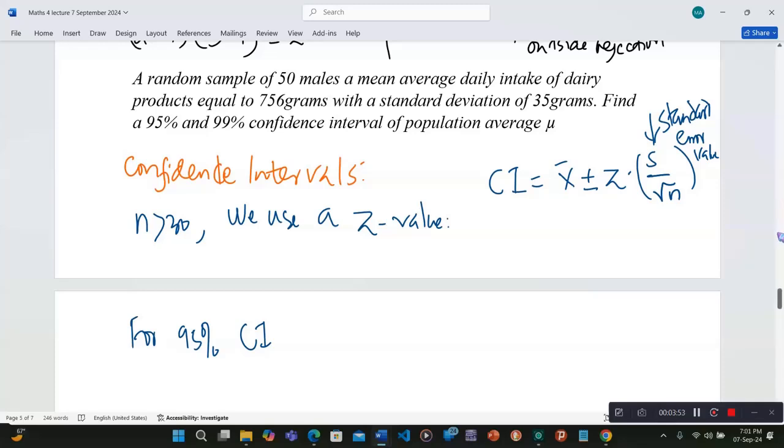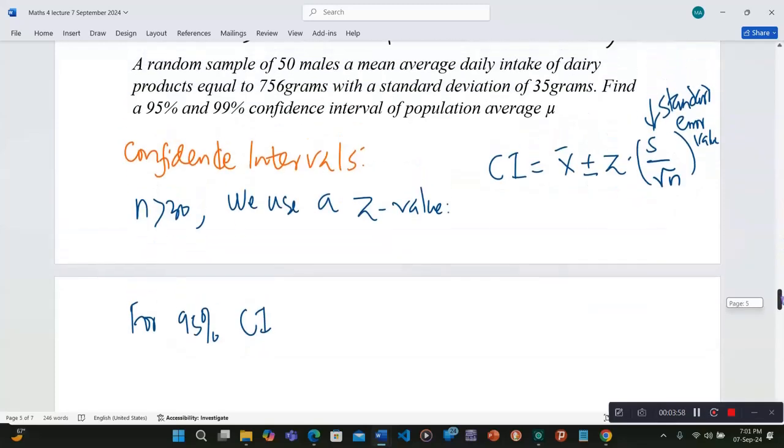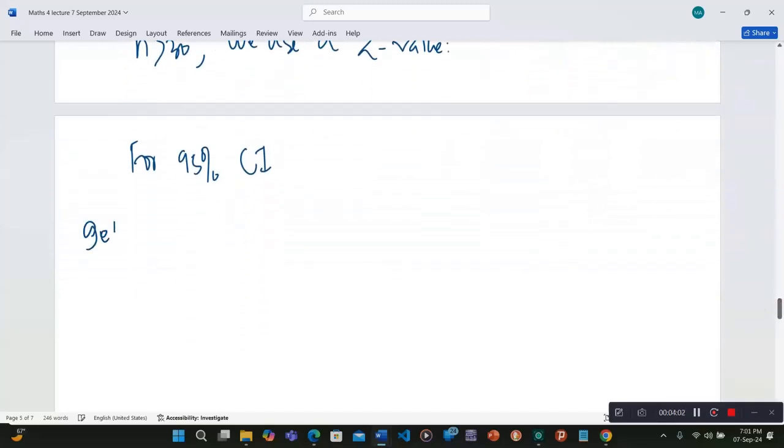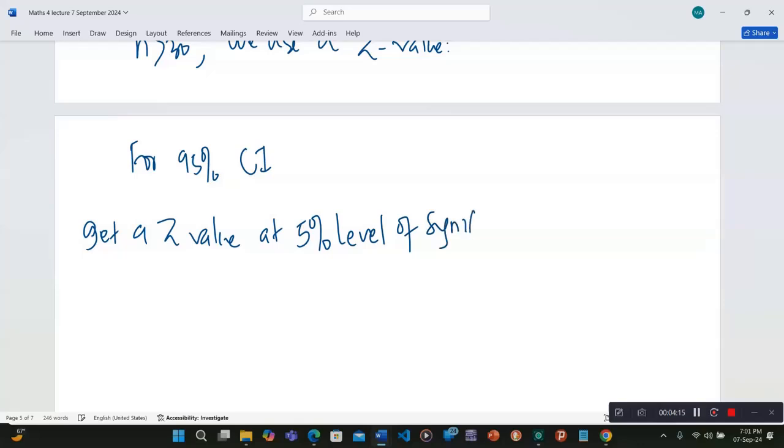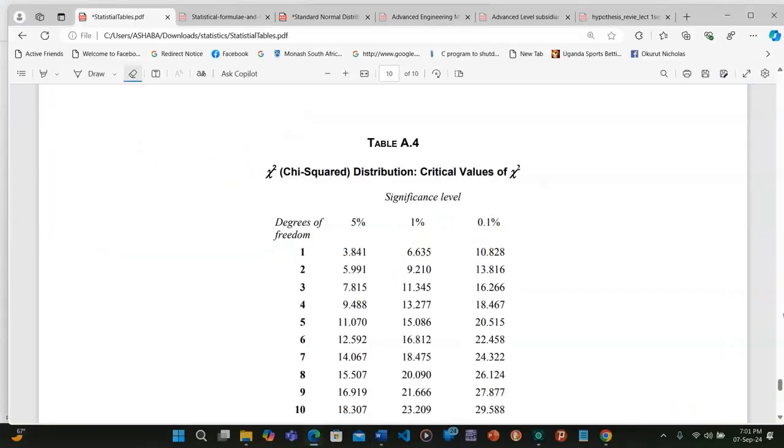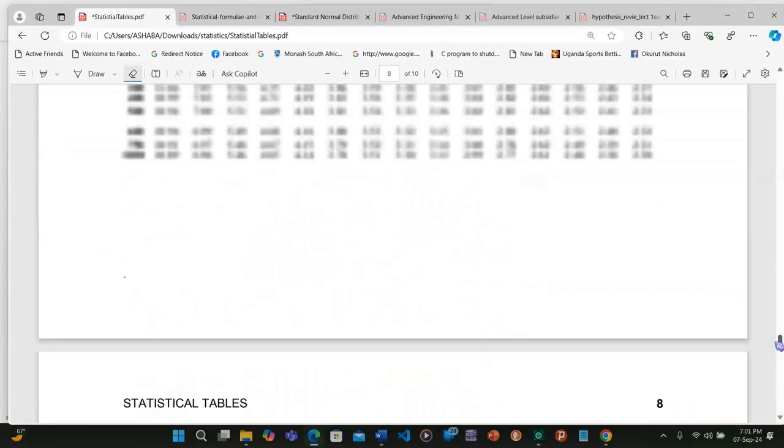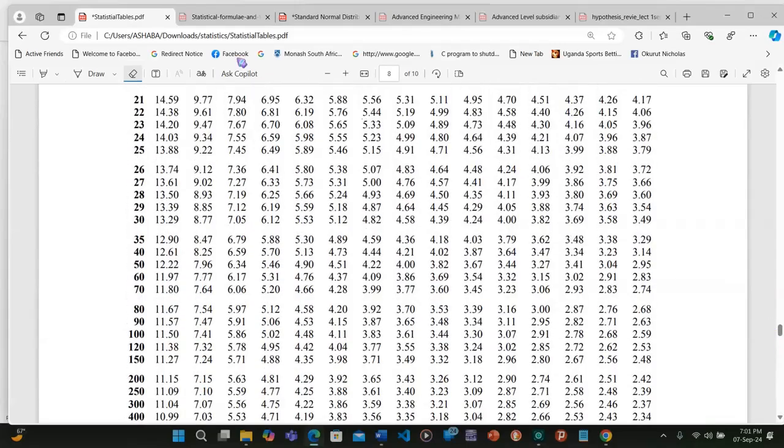So for this one, we are going to get a z value at 5% level of significance. So let's go and look for that z value.